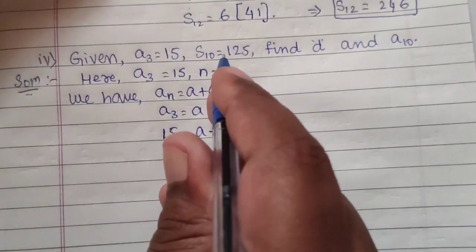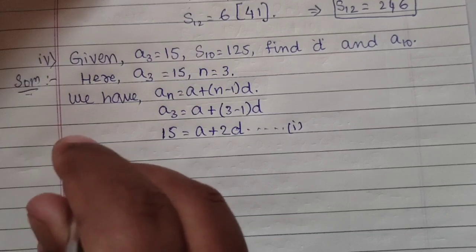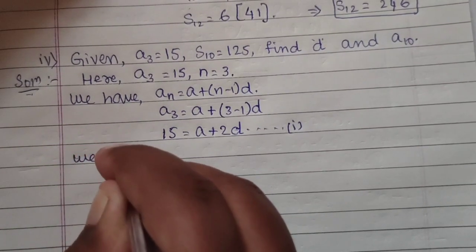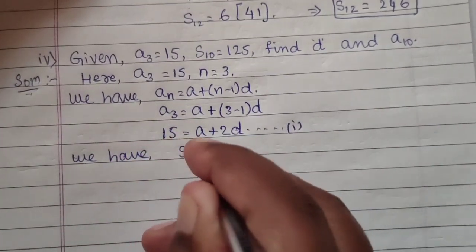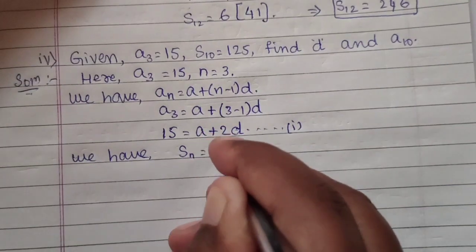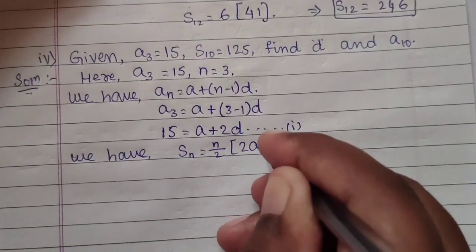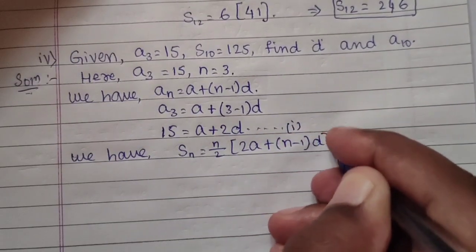Now S10 is equal to 125. For that, we have the sum of first n terms formula. Sn is equal to n by 2 into 2a plus n minus 1 into d.